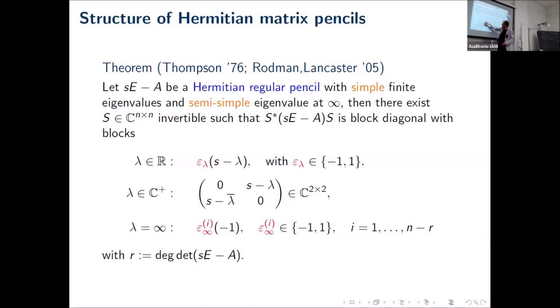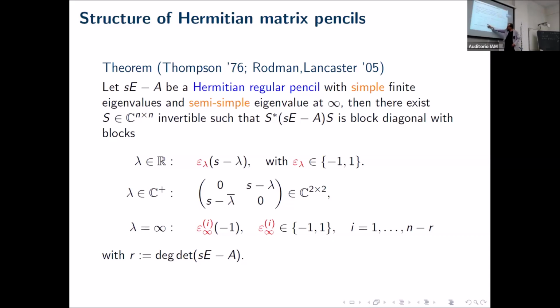Then we have lambda, these are the complex eigenvalues. Also simple. And because it's a Hermitian pencil, they fulfill the symmetry condition: an eigenvalue here becomes an eigenvalue there. So that's why they are of this form. And again simple. And here is the eigenvalue at infinity.